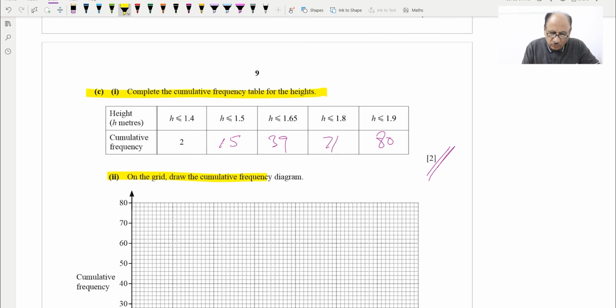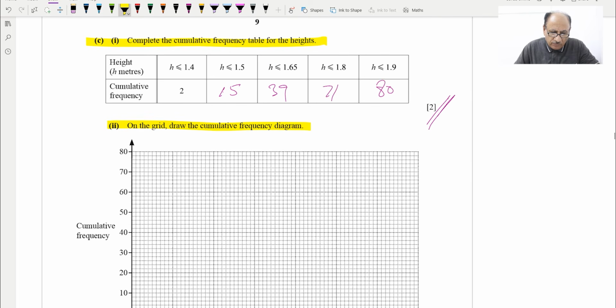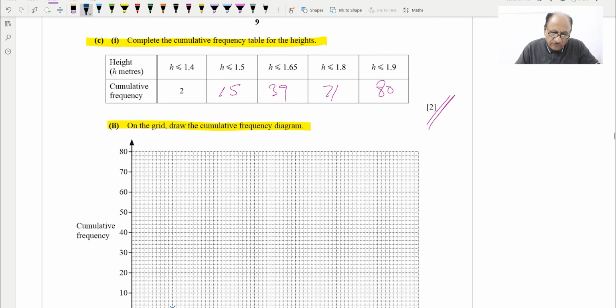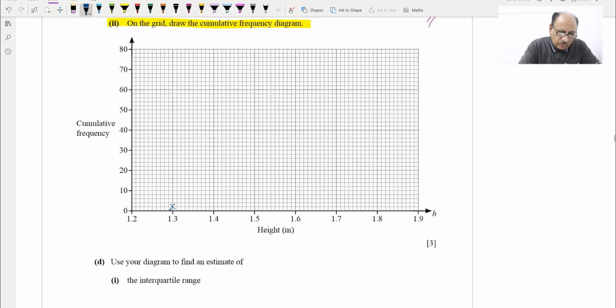Next, on the grid, draw the cumulative frequency diagram. First one is up to 1.4 is 2. So 2 will be a small box up to this one. It's 1.4 basically, not 1.3, so I'll erase this and we will shift this up to this one.